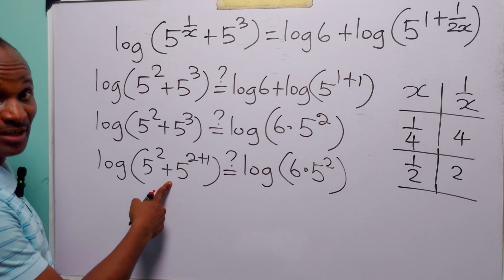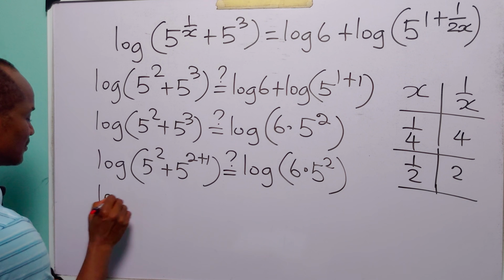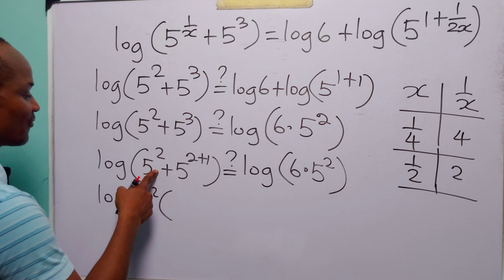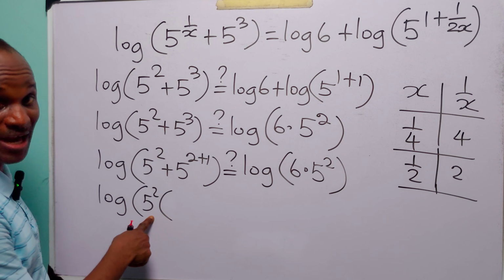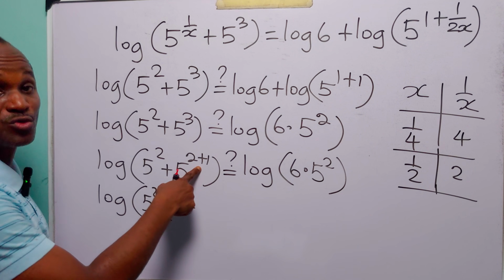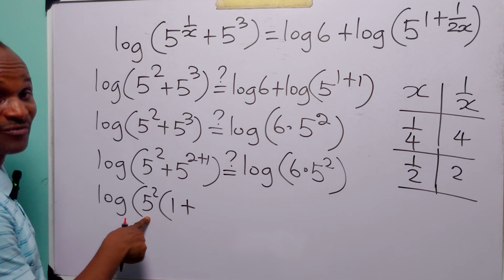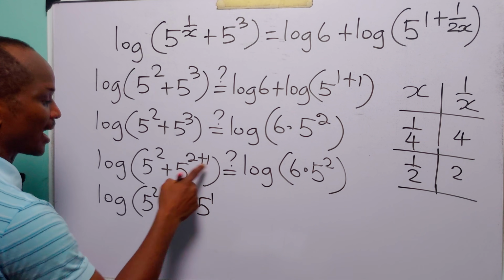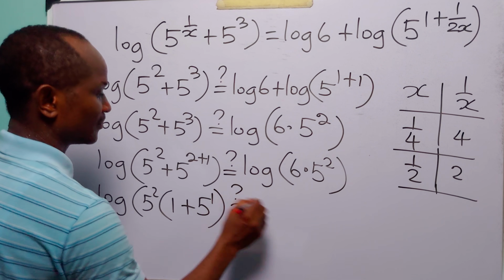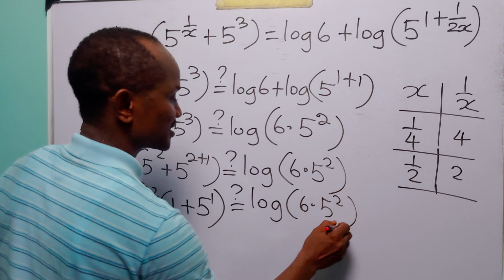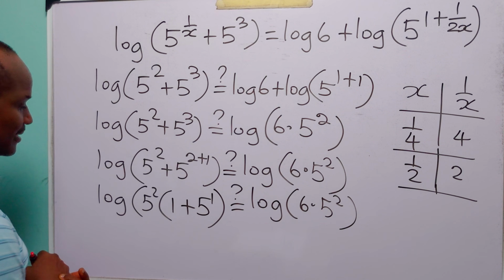Now, once more, we factorize this. We have log 5 squared into, now 5 squared divided by 5 squared, of course, is 1. And 5 to the power 2 plus 1 divided by 5 to the power 2 is going to give us 5 to the power 1. We still have log 6 times 5 squared on the right hand side.